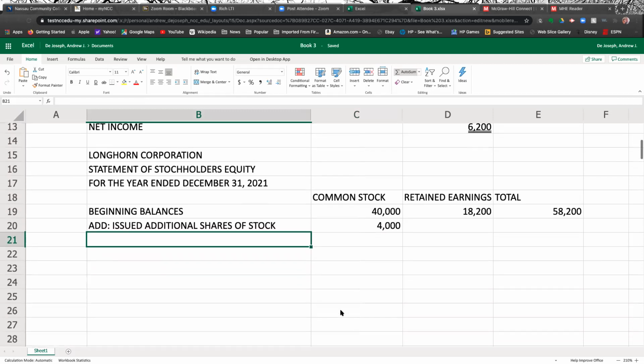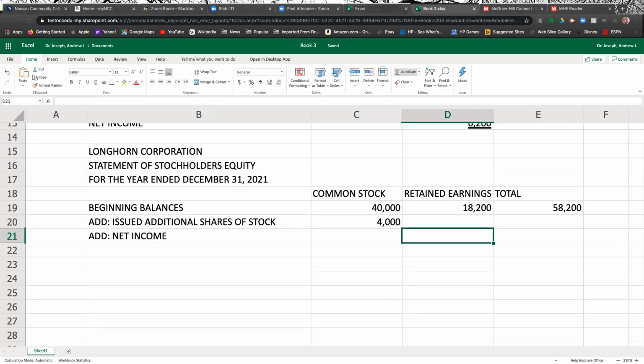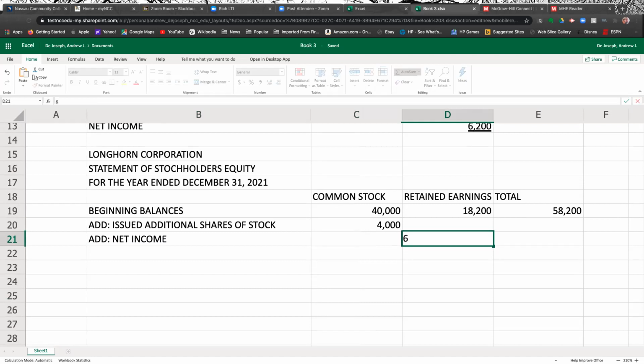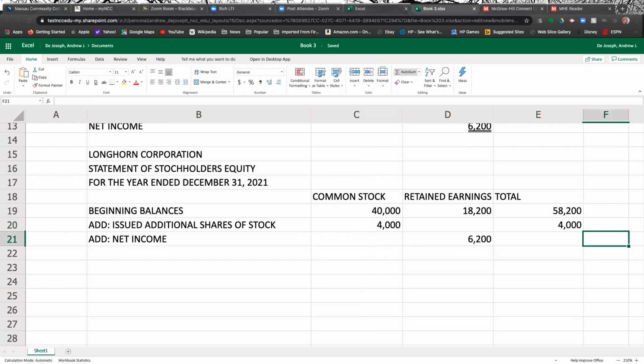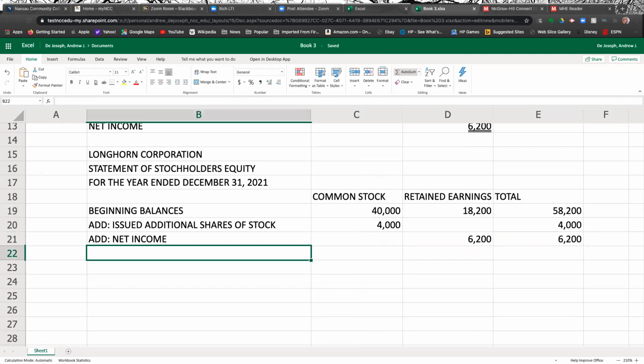Also, we're going to add net income. Net income we just calculated was 6,200, right? So let's put this 4,000 over here, 6,200 over here. Now, was there a dividend? I don't see any.